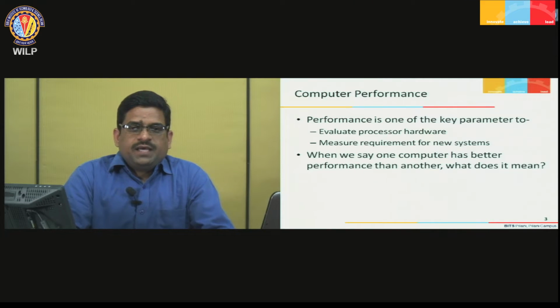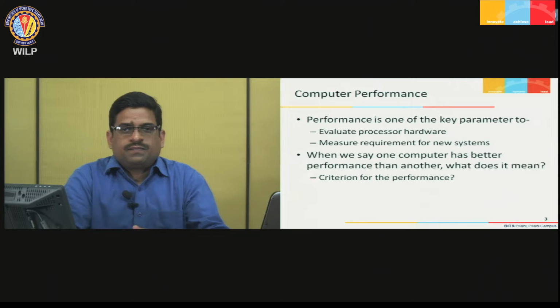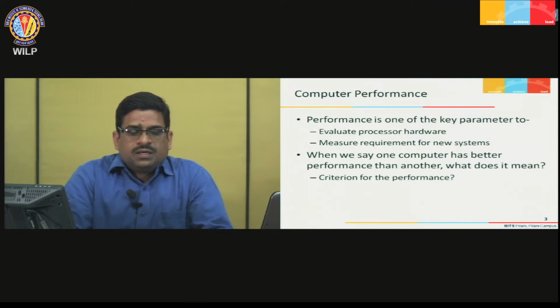So, when we say one computer is better than another computer, what does it mean? Say computer A is better than computer B, what is the meaning of that? How do we measure or say that one computer is better than another? We want to know what the criteria for the performance is.